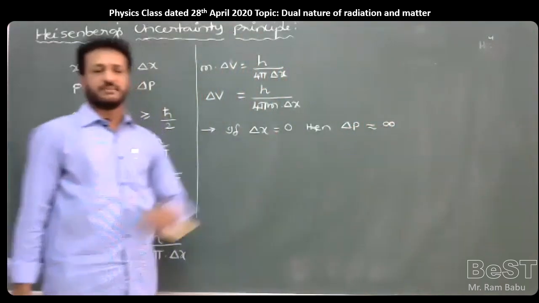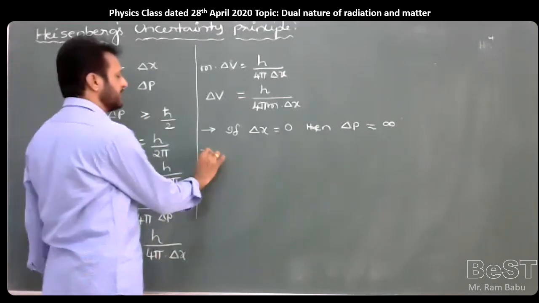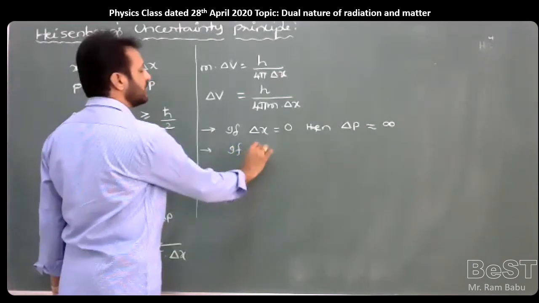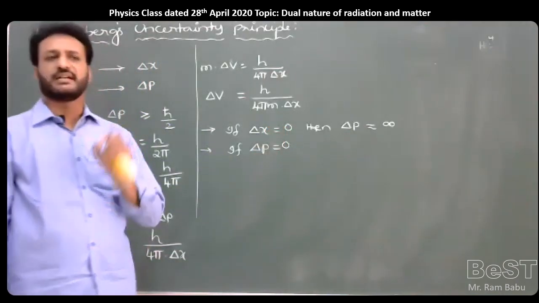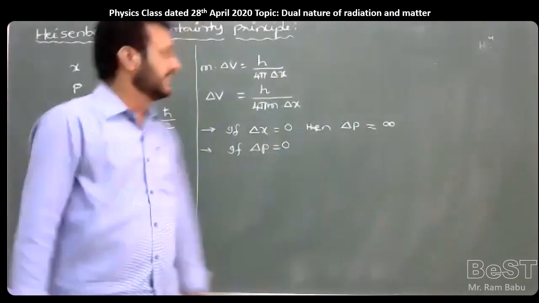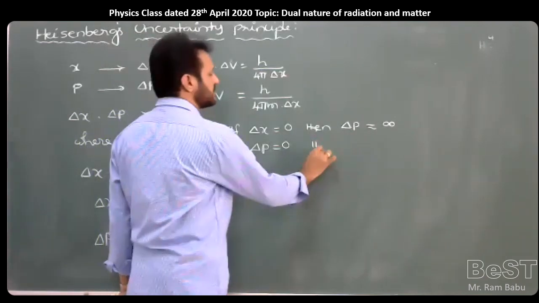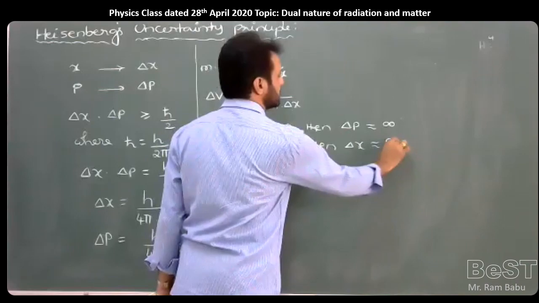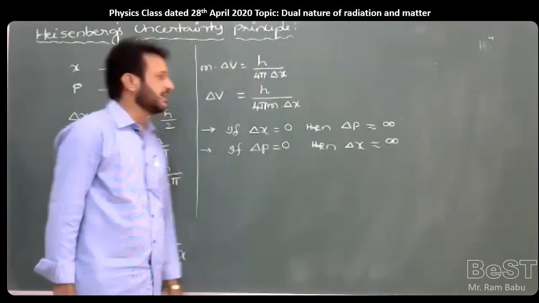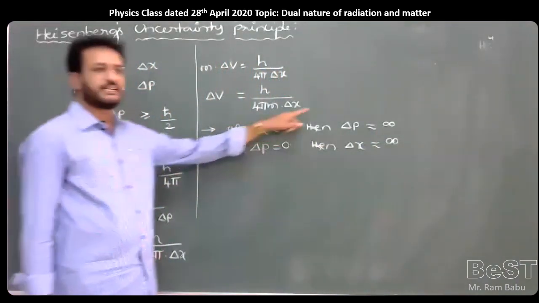An infinite value will be there, and vice versa. Similarly, if delta p is equal to 0, meaning I calculated the momentum of the particle accurately without any error, then delta x approaches infinity. That's why both cannot be calculated at a time.